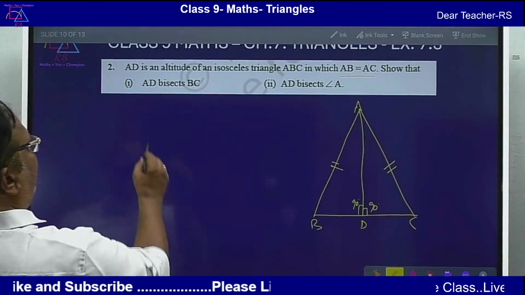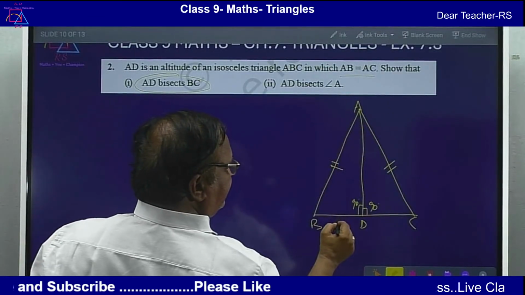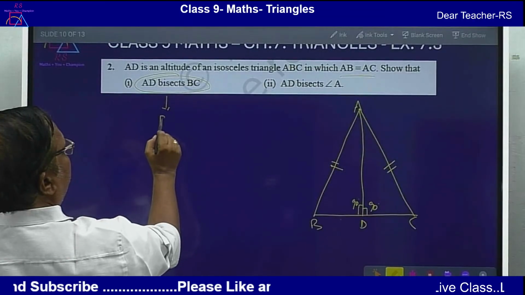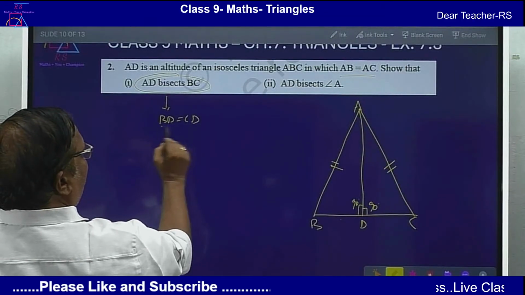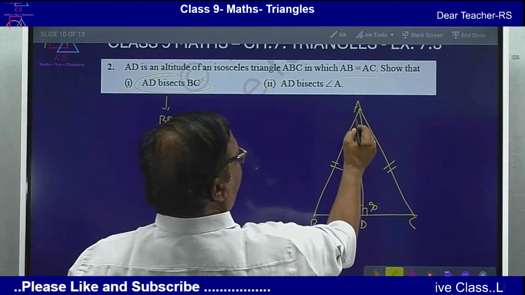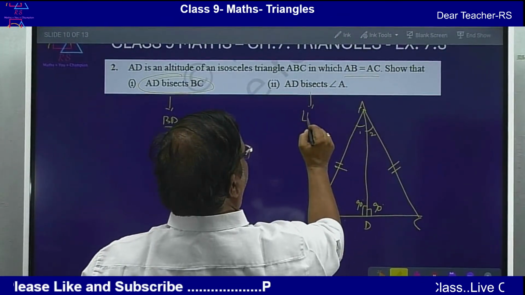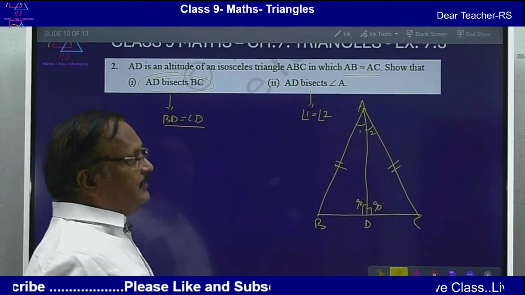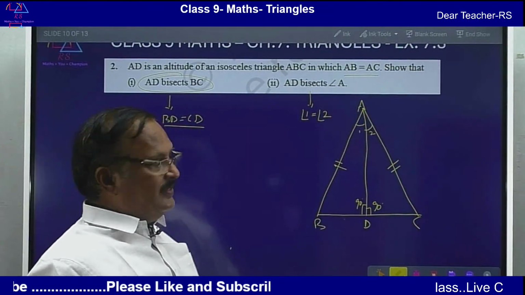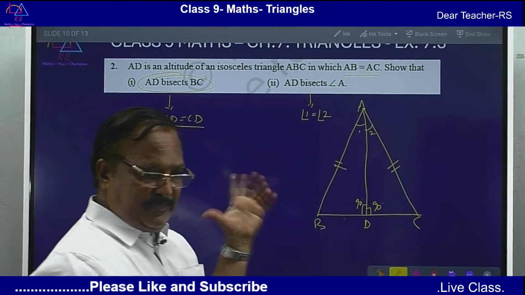And show that AD bisects BC. AD bisects BC means we have to prove BD is equal to CD. And AD bisects angle A, that means angle 1 is equal to angle 2. If angle 1 is equal to 2, then AD bisects A. If BD is equal to CD, then AD bisects BC.